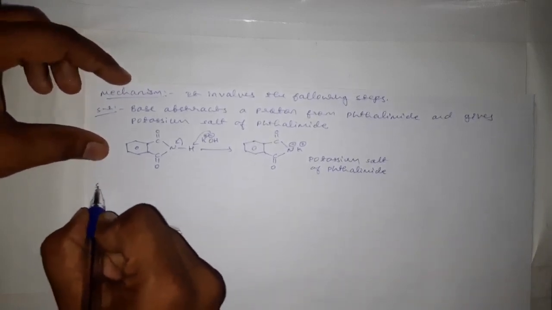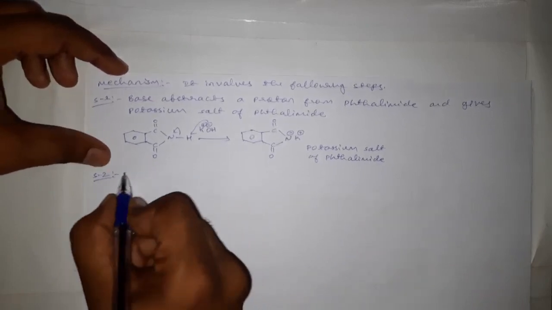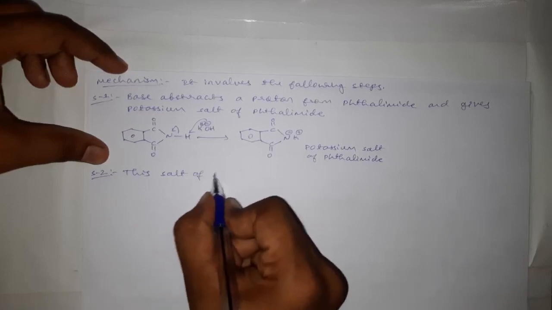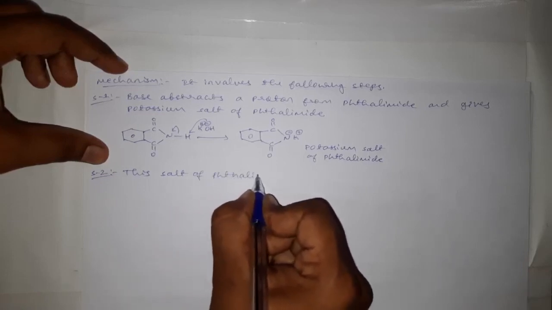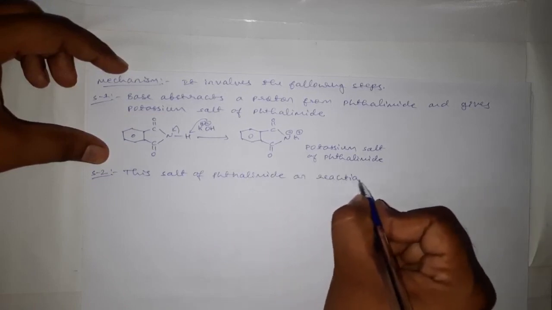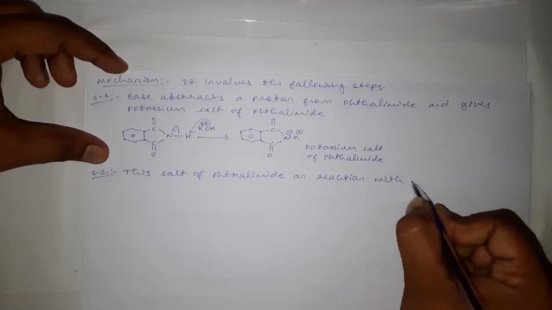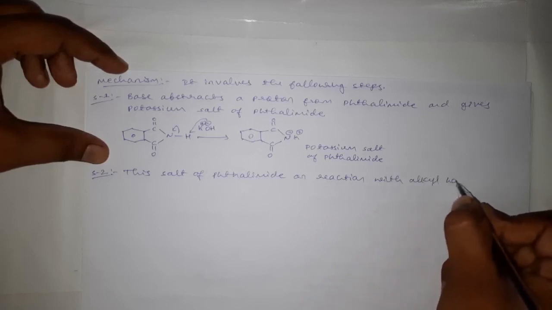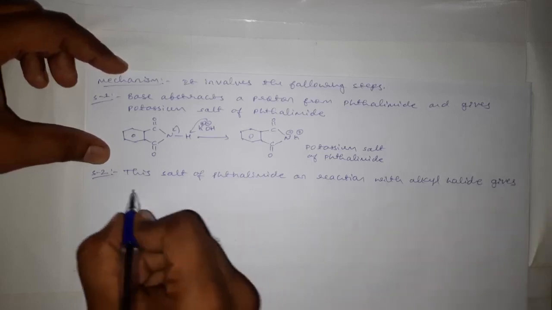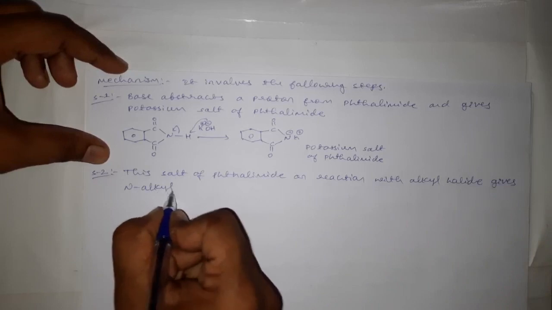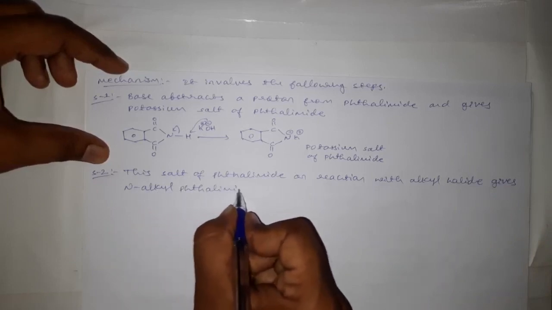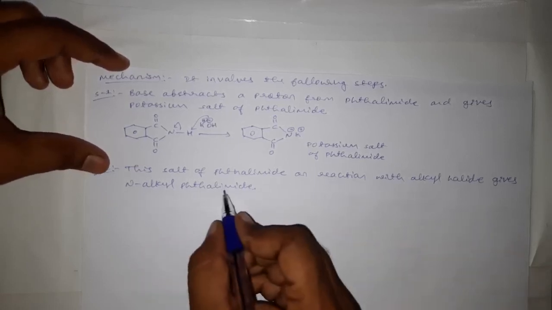And in the second step, this salt of the phthalimide on reaction with alkyl halide gives N-alkyl phthalimide.